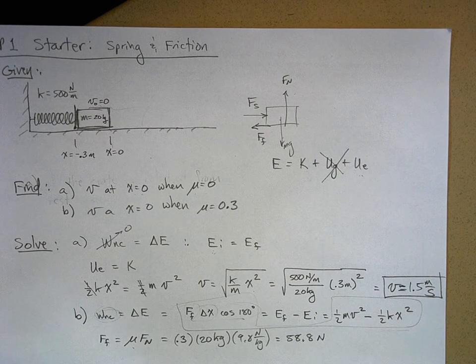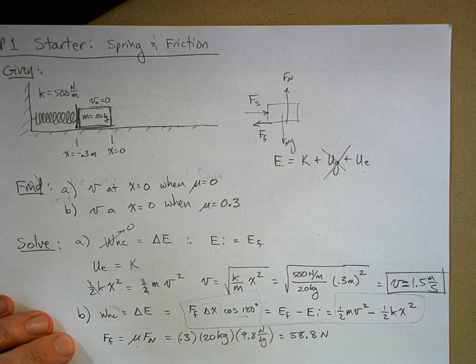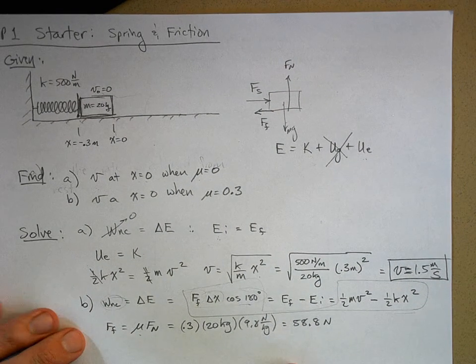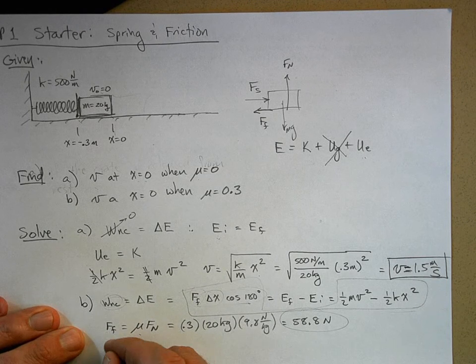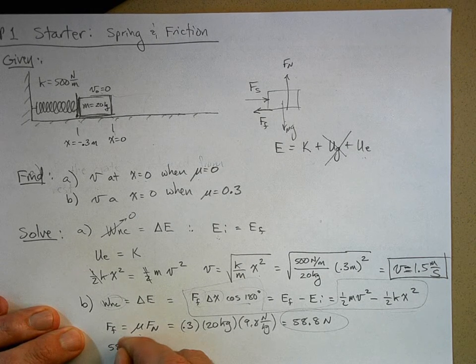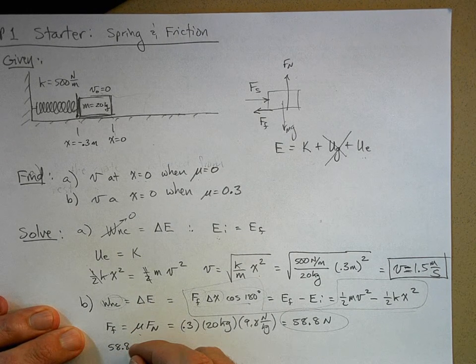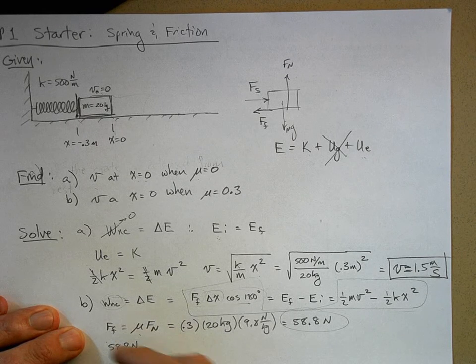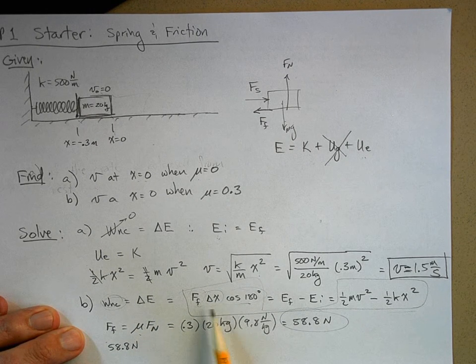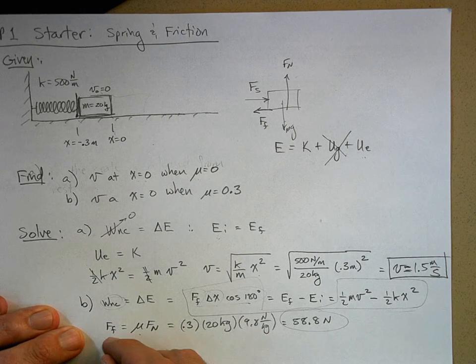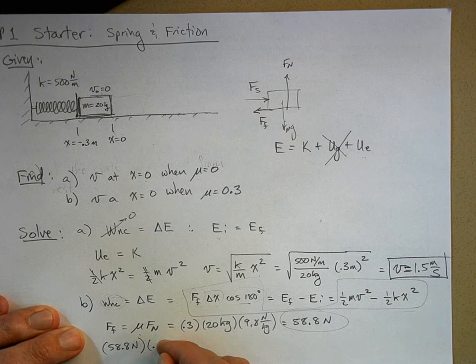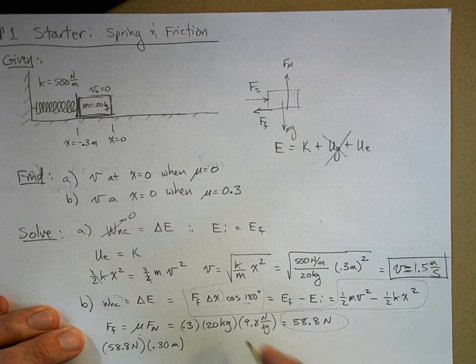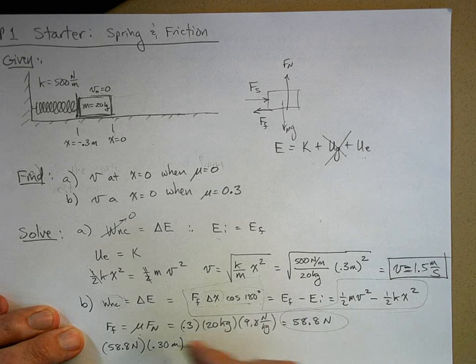Now, that's the force of friction. Let's figure out how much work was done by friction, because now we know what the force of friction is. That's 58.8 newtons times delta x. Well, it went from here to here, so that's a displacement of 0.30 meters. Cosine of 180 is -1.